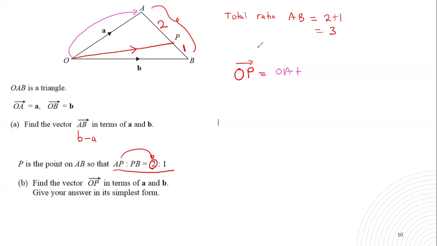Now, Jonah, remember, when they tell us O to P, you must stop at P, not beyond P. So you have reached here: OA plus A to P. Okay, good. This is one route.